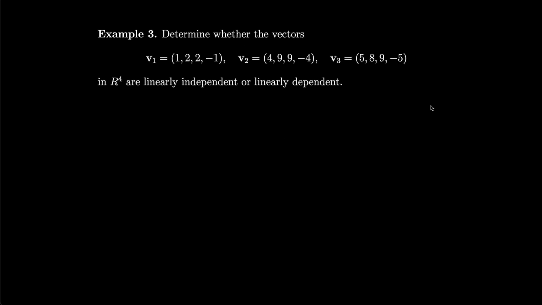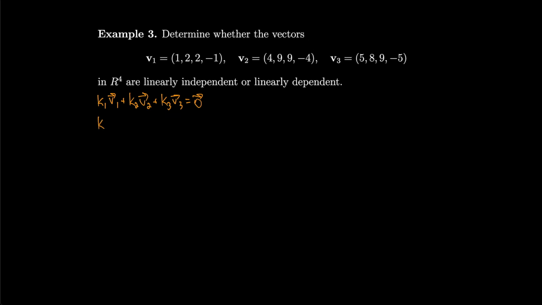How about we now determine whether the vectors v1 equals 1, 2, 2, minus 1, v2 equals 4, 9, 9, minus 4, and v3 equals 5, 8, 9, minus 5 in R4 are linearly independent or linearly dependent. Let's start by writing out the equation. We have to check again. So that's k1 v1 plus k2 v2 plus k3 v3 equals the 0 vector, and we want to see if k1, k2, and k3 are 0.